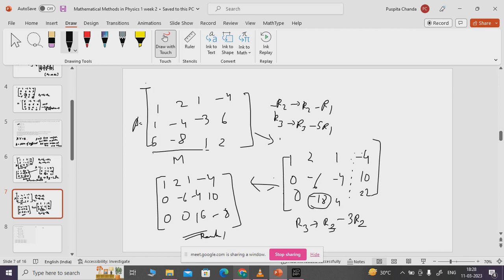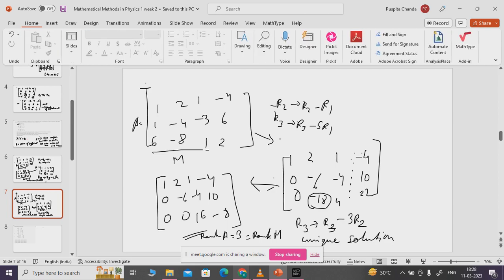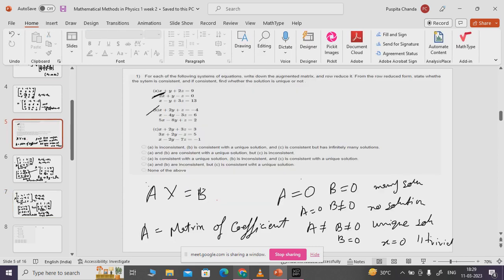So the rank of A is here also 3, equal to rank of M, so it is a unique solution. So question B also has a unique solution.